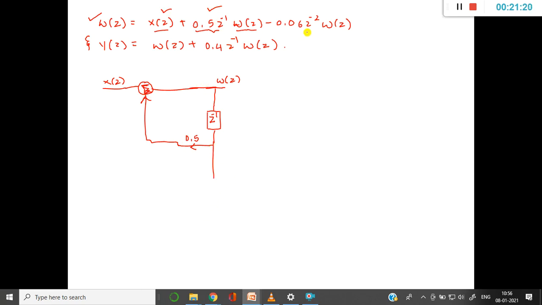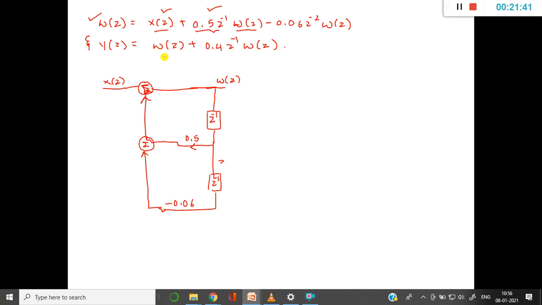Now once again, one more delay is required. So this is minus 0.06, and this is to be added with the summation of this. Got it? Now W(z) is implemented.